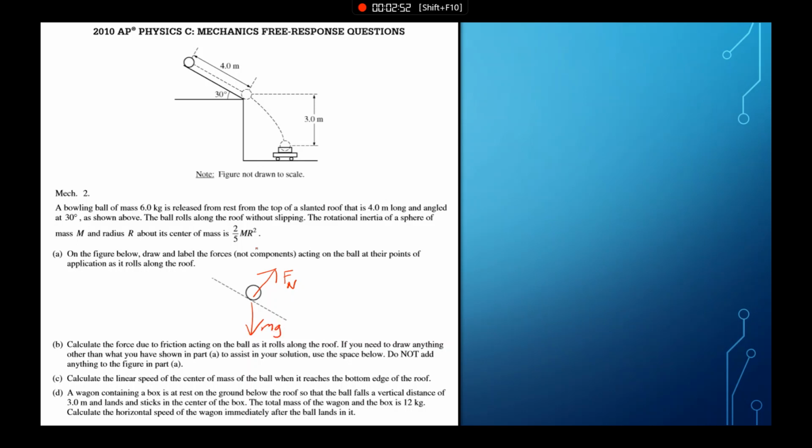And friction. Okay, which direction? It's along the floor. Along the roof. But upward. Perfect. Okay, along the roof and upward. So something like this. Force of friction. Okay, anything else? No. Alright, perfect.